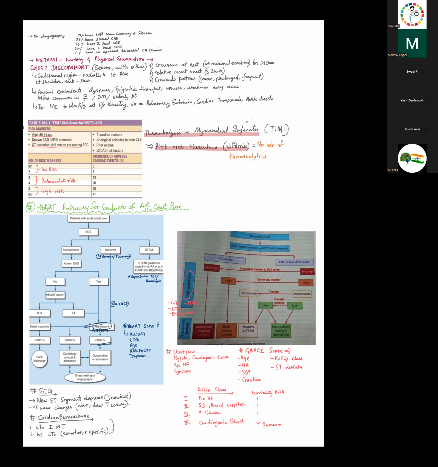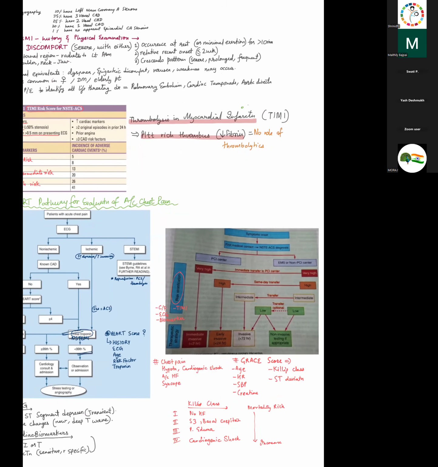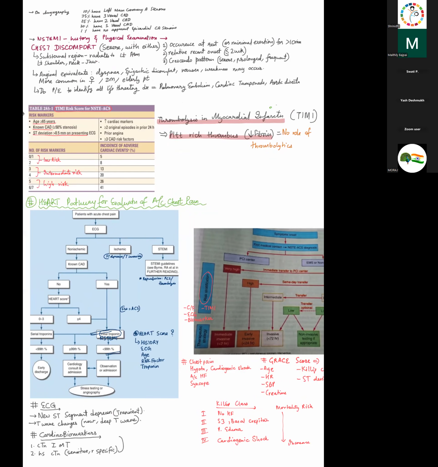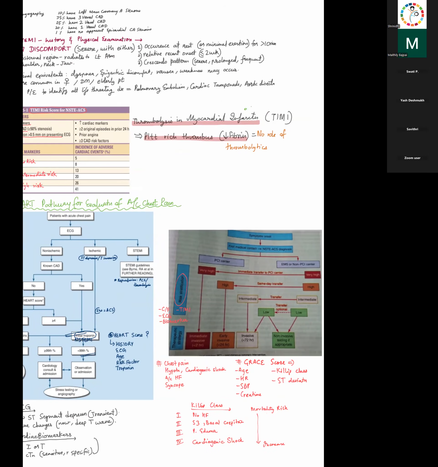The next table is also a similar kind, where the symptom onset, first medical contact, and ACS diagnosis are listed. We refer the patient either to a PCI center or a non-PCI center. We evaluate the risk stratification, which is done based on clinical features, TIMI scoring, and ECG biomarkers.